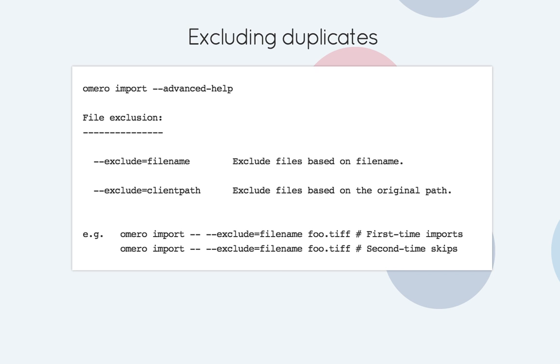If those both match, then the second import will fail. Another one is using the client path. This excludes files based on the full original client path. This doesn't use the checksum and is obviously for particular use cases where it's the path that entirely determines whether it's the same file or not, rather than the checksum.